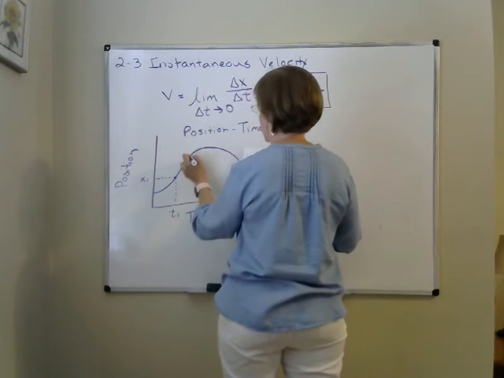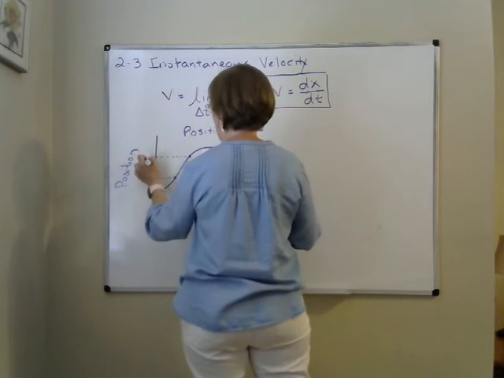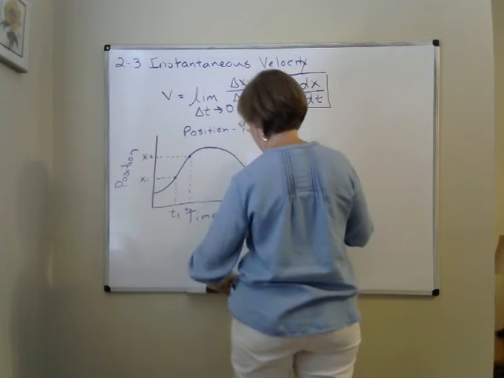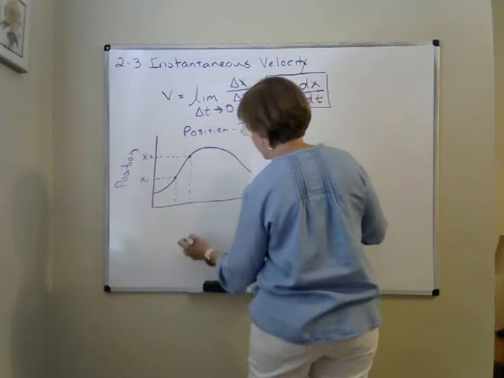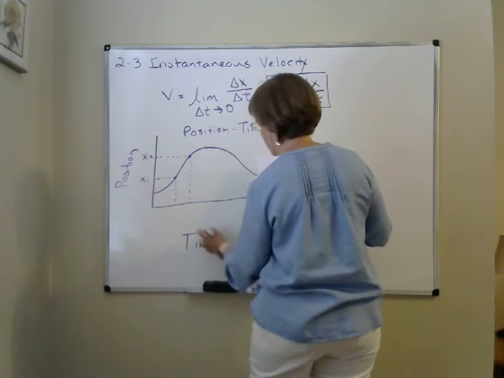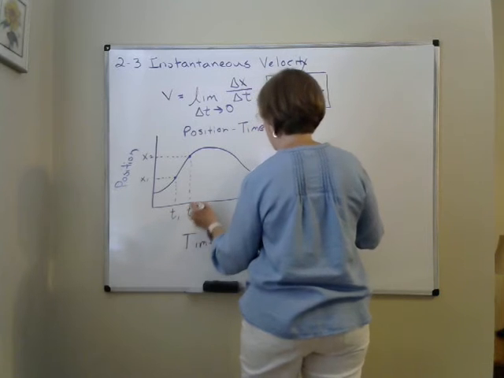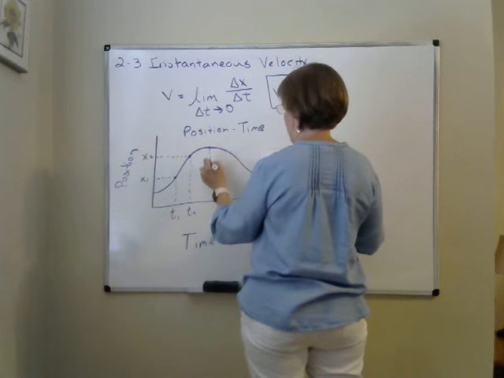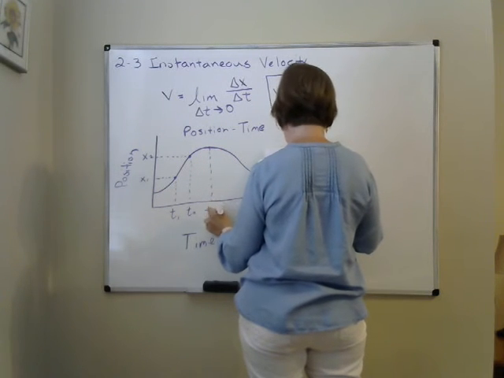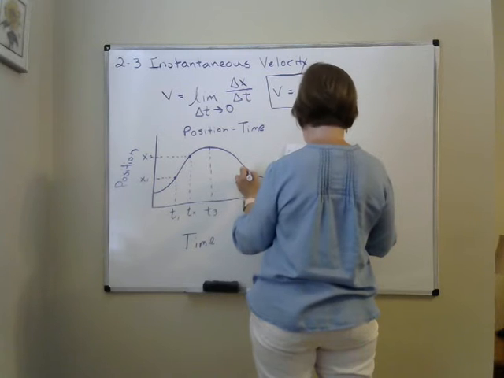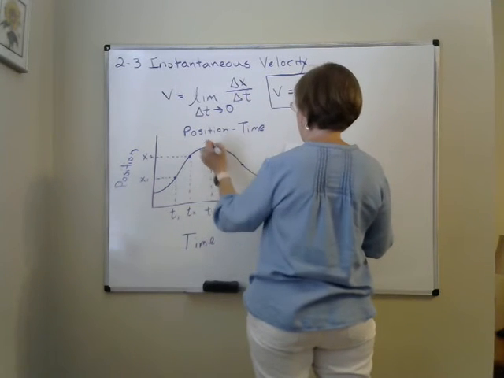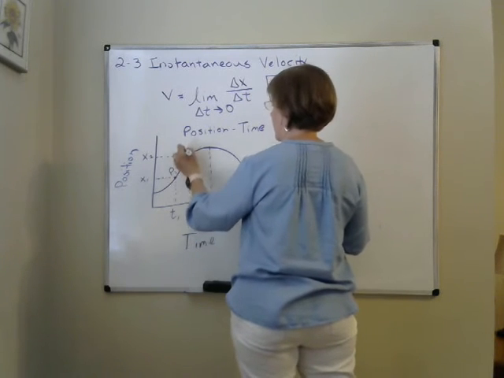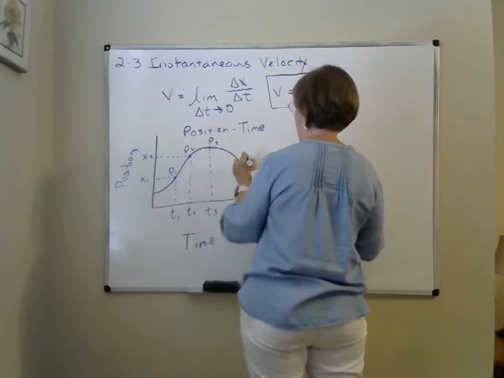We might have a later position, x2, that'd be t2. We could come way up here where it's pretty flat, so draw it perfectly flat. That's a different time, and even a fourth time. So P1, P2, P3, P4.